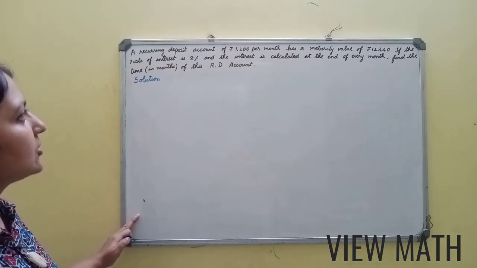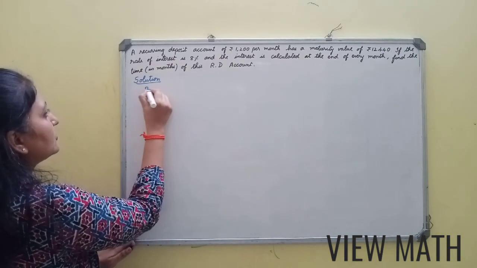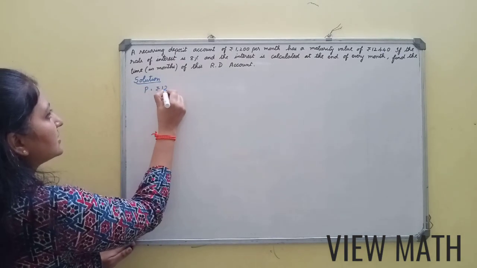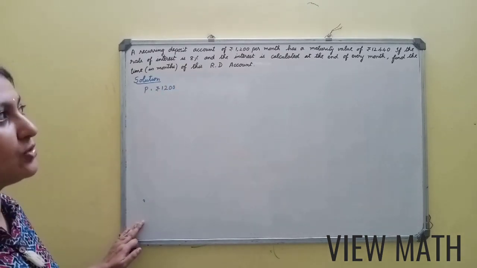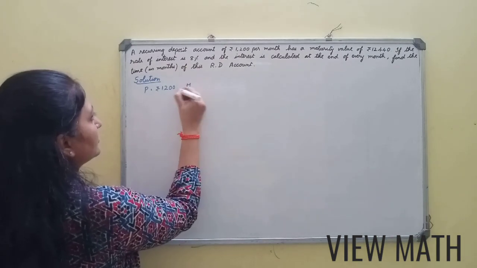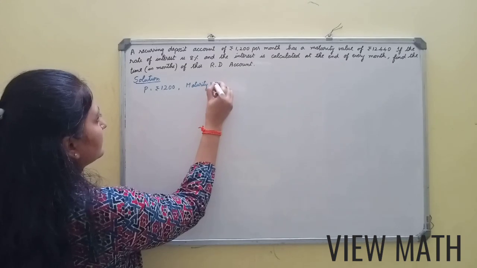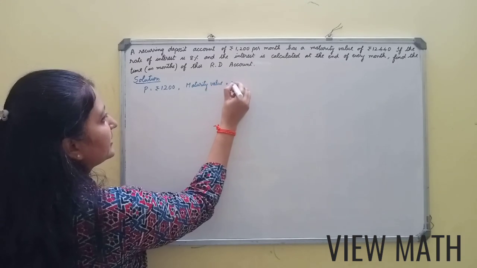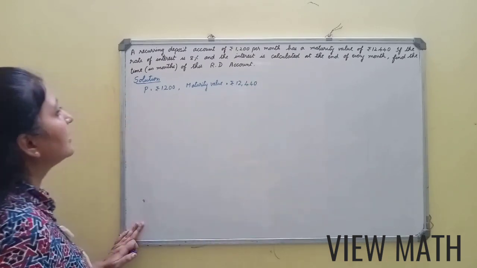A recurring deposit account of rupees 1200 per month. So P value is equal to rupees 1200 and has a maturity value of rupees 12,440.